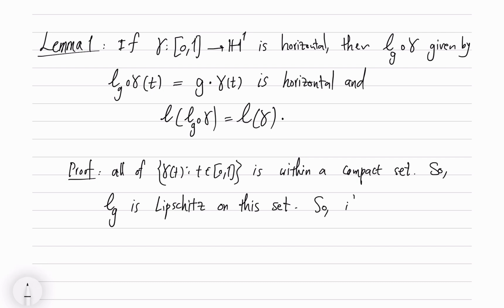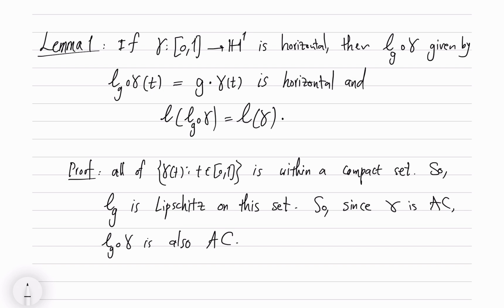So since gamma is horizontal, it's absolutely continuous, and since gamma is absolutely continuous, L_G composed with gamma is also absolutely continuous. So remember, to prove that a curve is horizontal, we have to prove first that it is absolutely continuous.